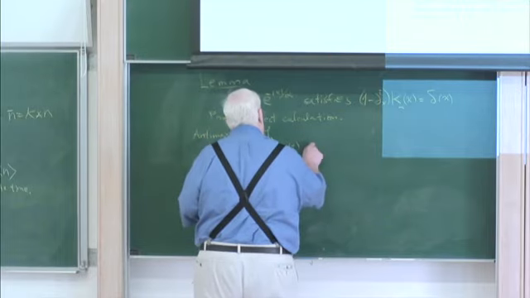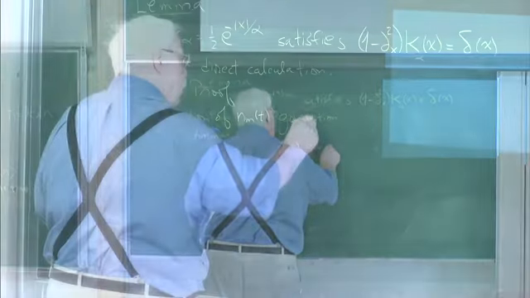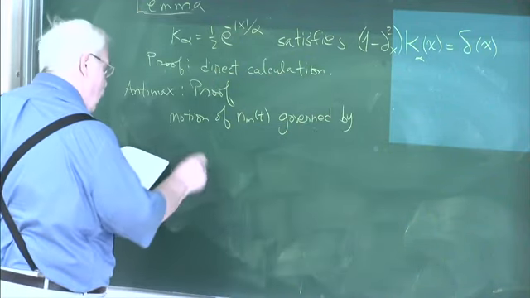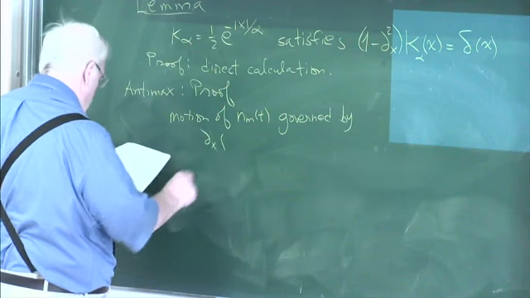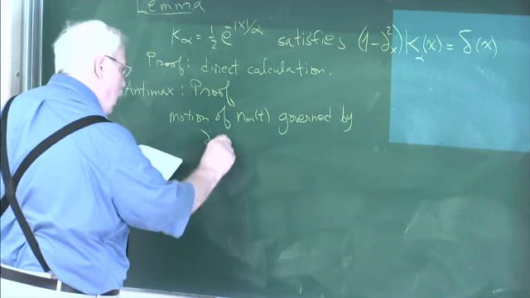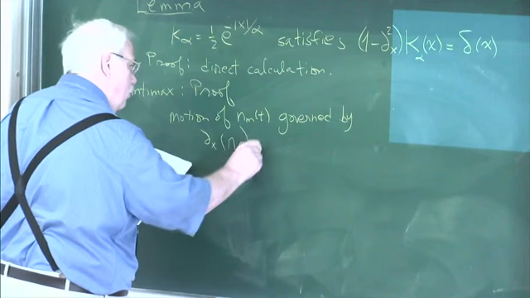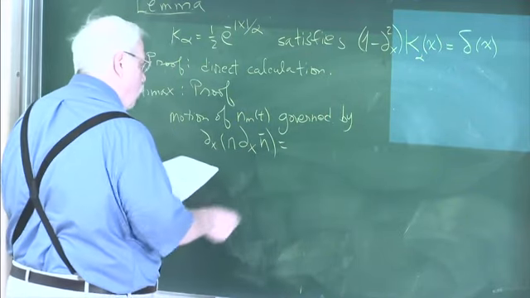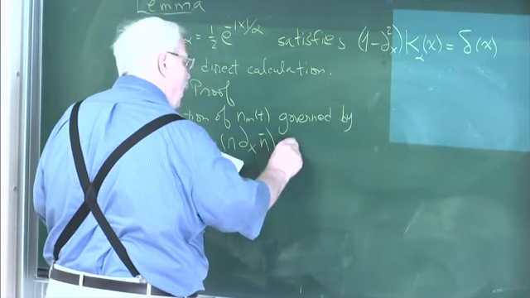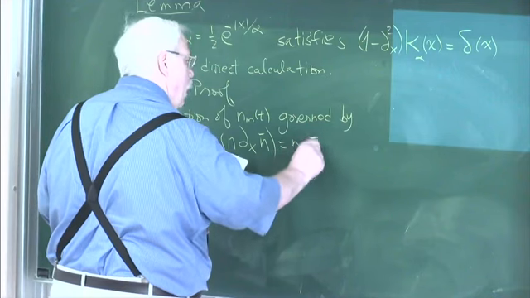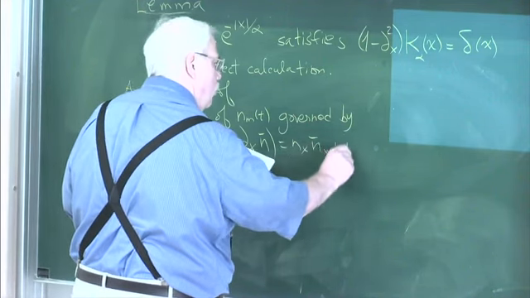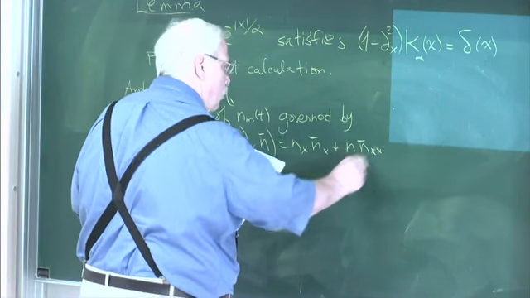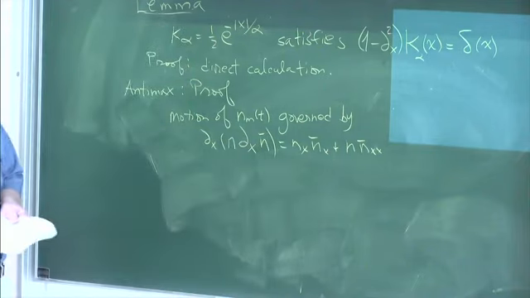It's governed by d by dx of (n d by dx n bar), which is equal to n sub x n bar sub x plus n n bar sub xx.